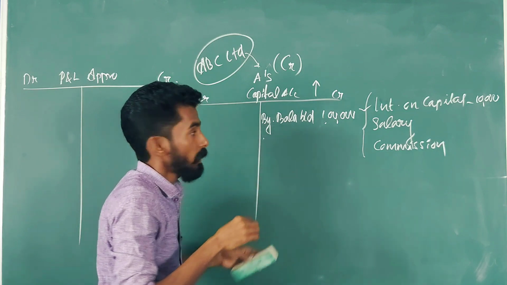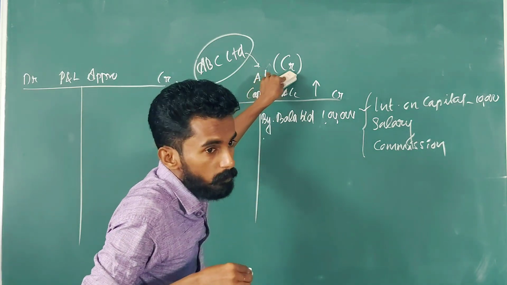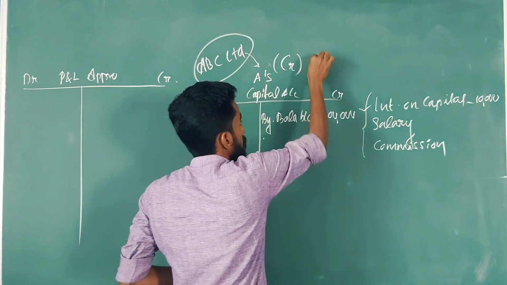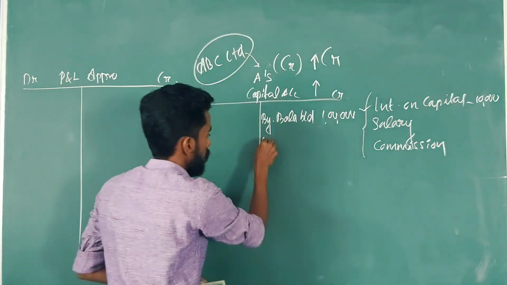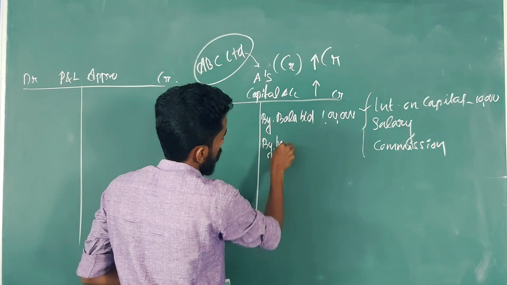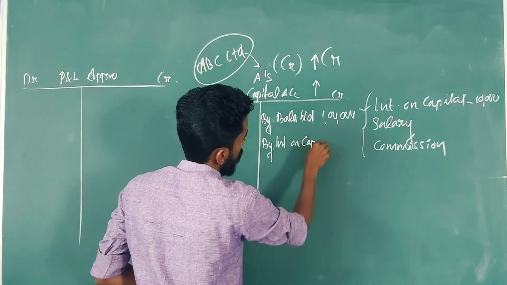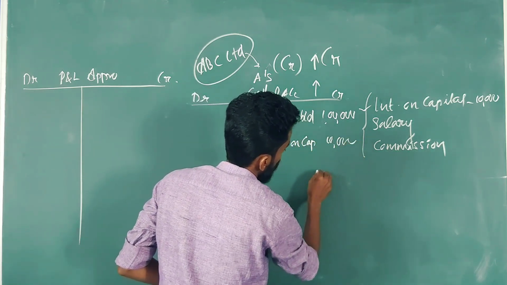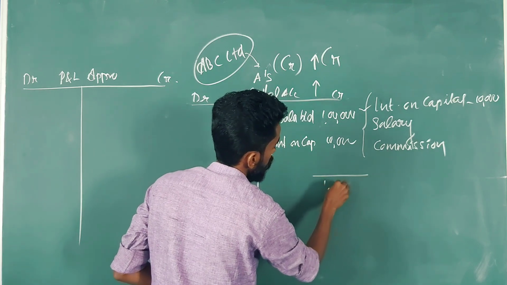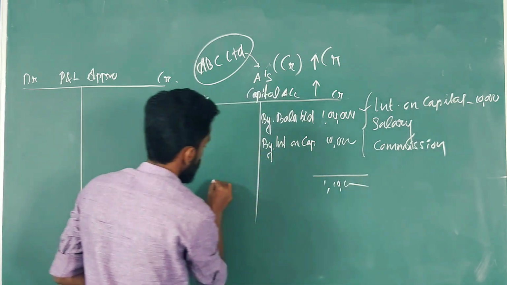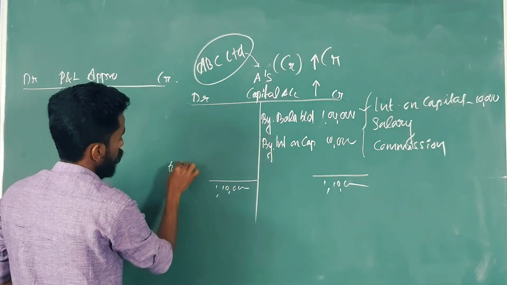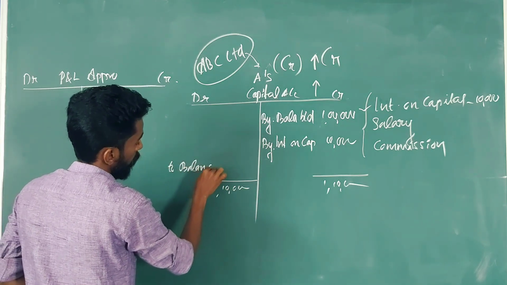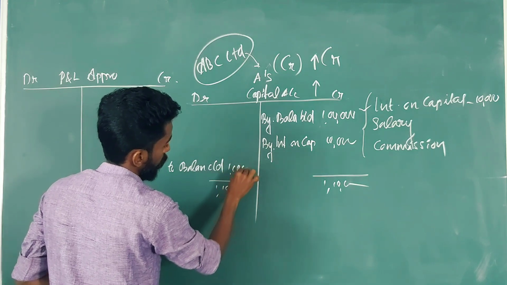What is the journal entry? A capital account shows which balance? Credit. If you want to increase that balance, we need to credit it. Very good. So credit it by what will come? Interest on capital, 10,000. Just to balance it once, here how much is the total? 1,10,000. Here nothing is there, so 1,10,000 automatically to balance carried down 1,10,000.